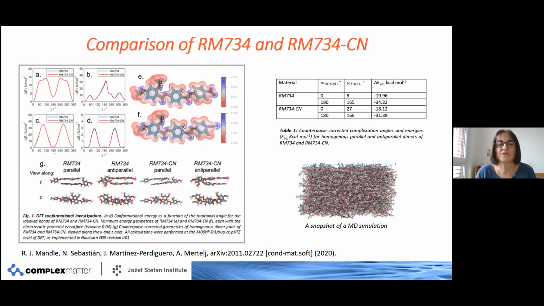This is what we think is the origin also of these new peaks, which are observed in the small angle X-ray scattering. Okay, but in both cases, the dipole is at one end of the molecule, right? Yes. If you cut away this part, these molecules are practically the same.